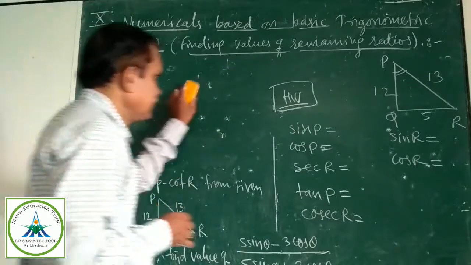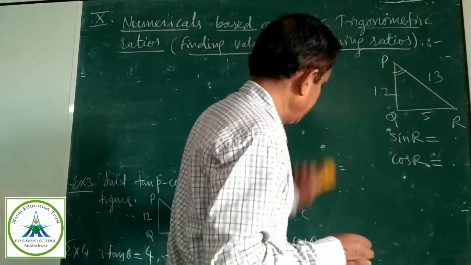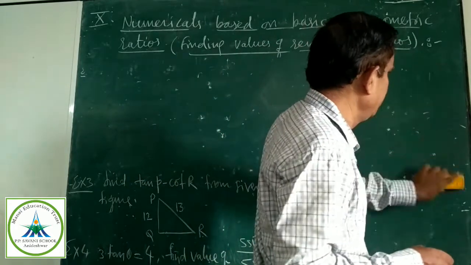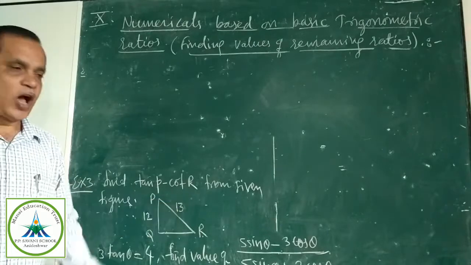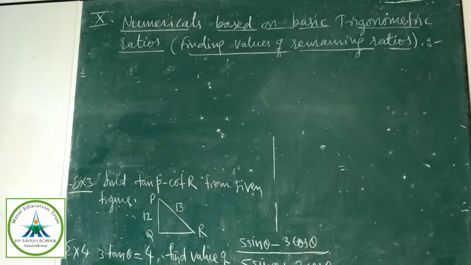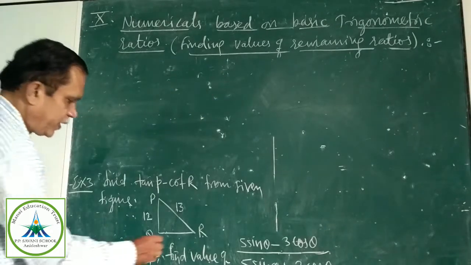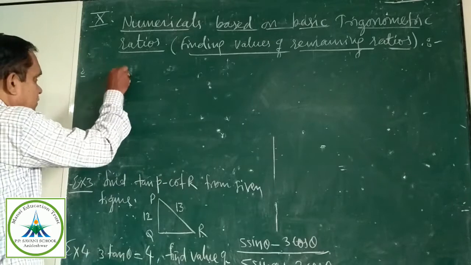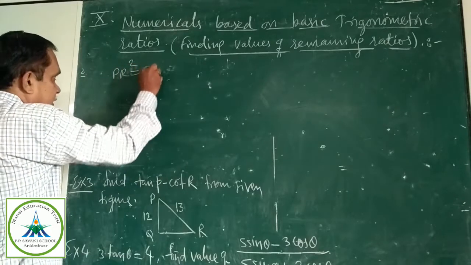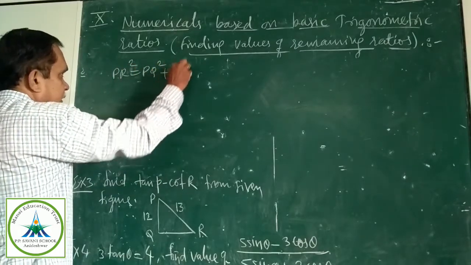Now see, let us come to example 3. Find tan P minus cot R. You are given this, 13, 12. Just now the example was this, and the answer is 5. Yes, see, you know PR square equals PQ square plus QR square.